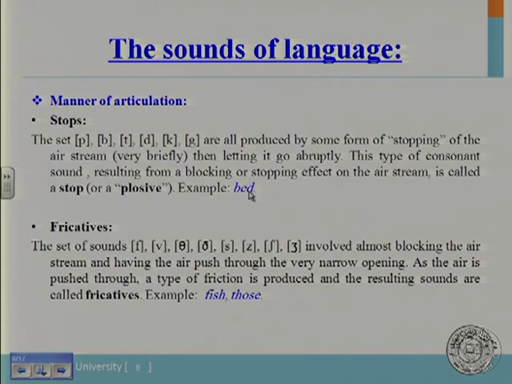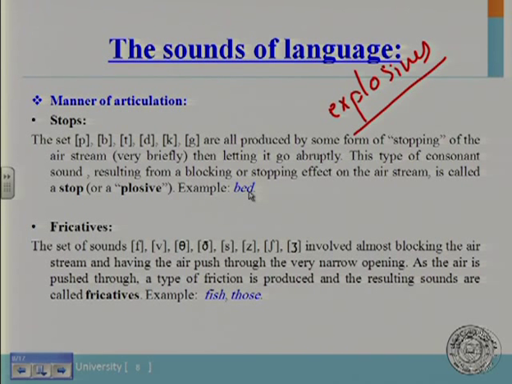Now, these sounds are called stops, and we can also give a name for this as explosive. Why explosive sounds? You will understand why.